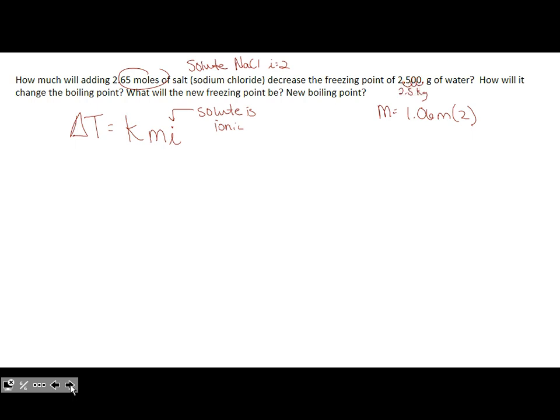So it's the same calculation. However, we have for the freezing point 1.86 times 1.06 molal times 2. So it's going to change our temperature by twice as much as the sugar did.